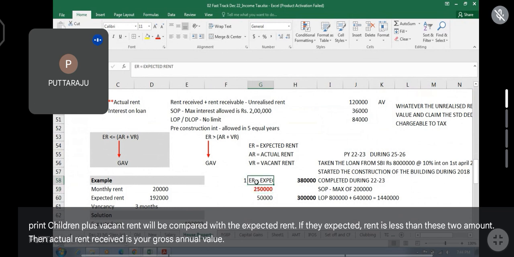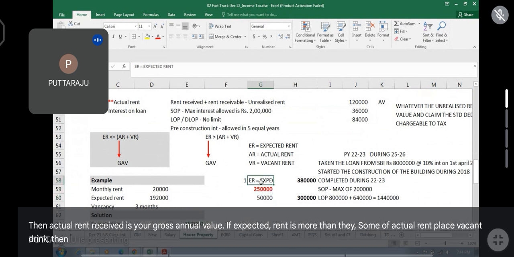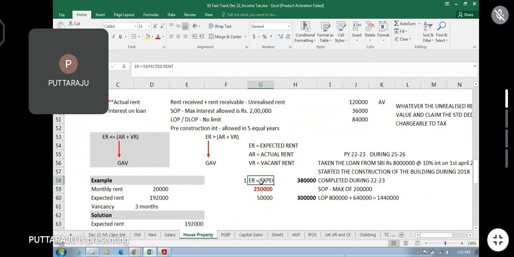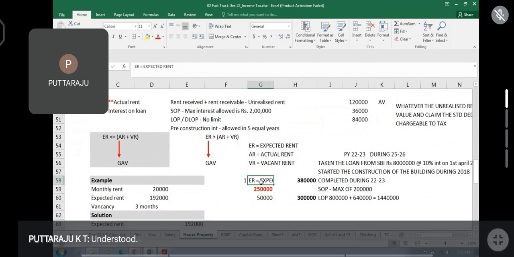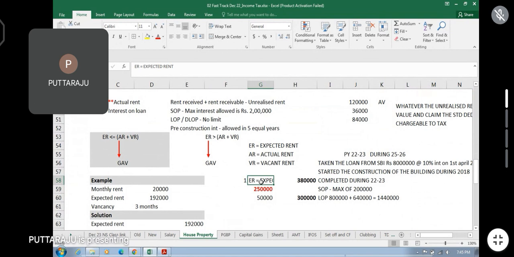If expected rent is more than the sum of actual rent plus vacant rent, then the gross annual value will be expected rent. Understood? Yes, sir.